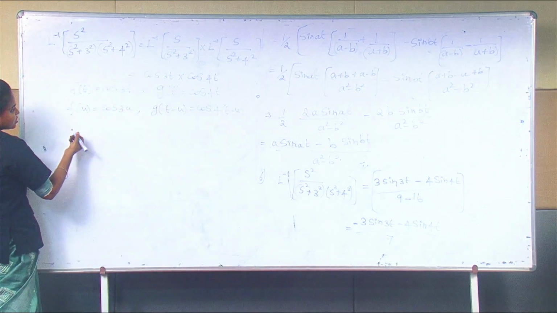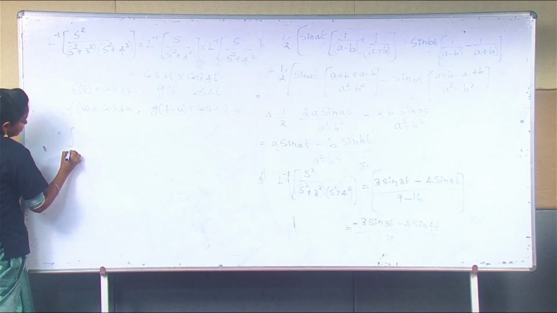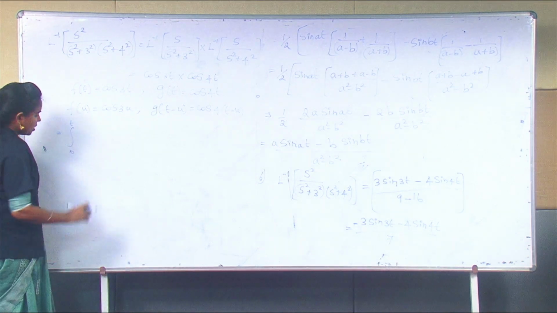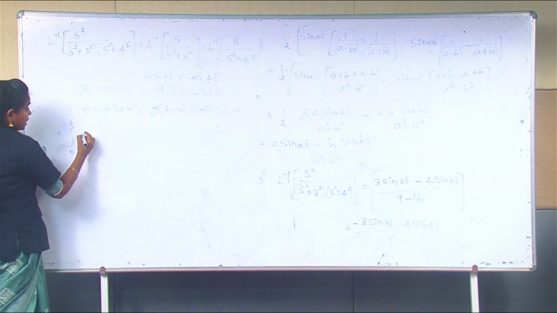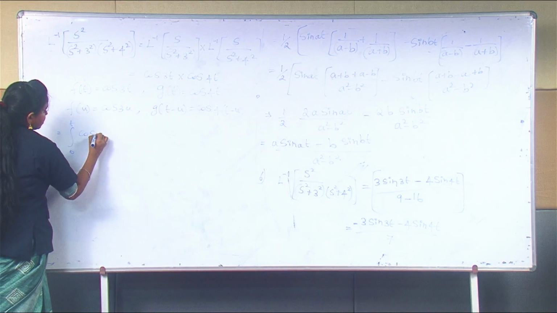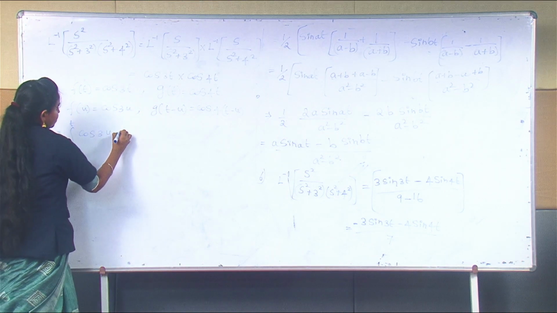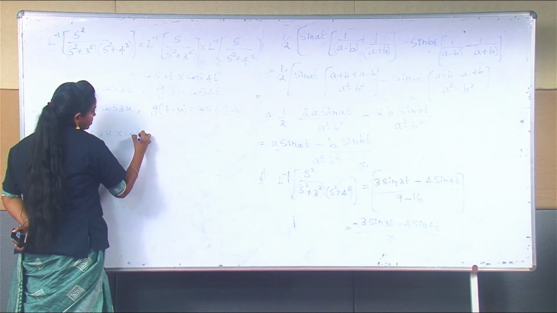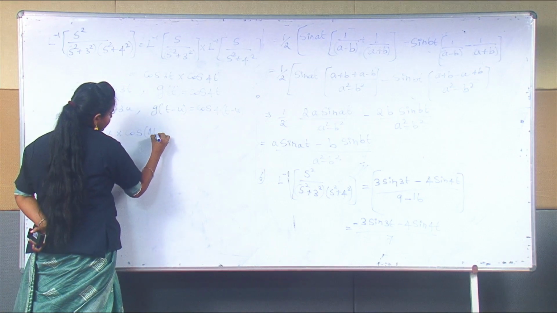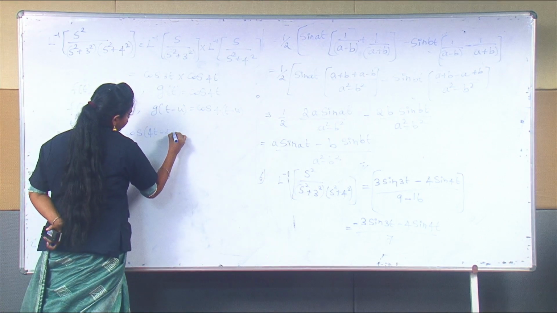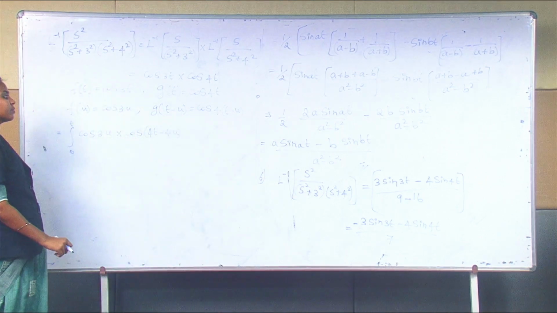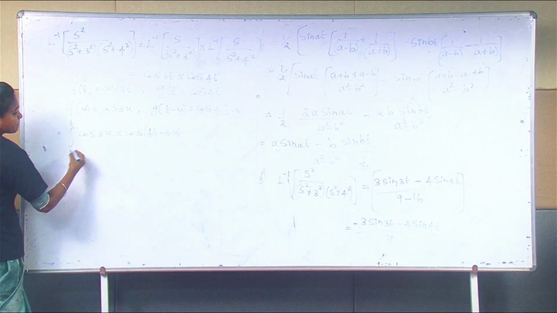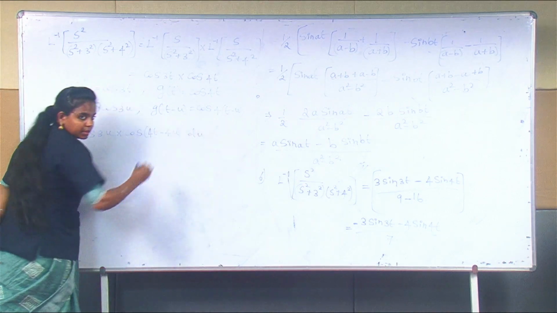Here also we are using the convolution in the format of integration from 0 to t. f of u is cos 3u into cos of (4t minus 4u) du.